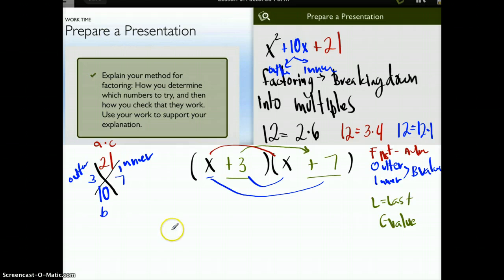Our A term, which is going to be x squared. Our B term, our outer and inner, which is going to be 3x and 7x. And then our last term, which is going to be 21. So all I did was split this 10 into 2 parts. And since they all have x's, and these two both have 7s, I can separate into 2 multiples. I'm going to extract them into 2 sections.